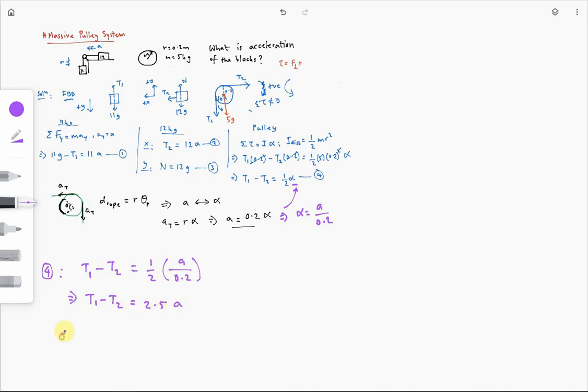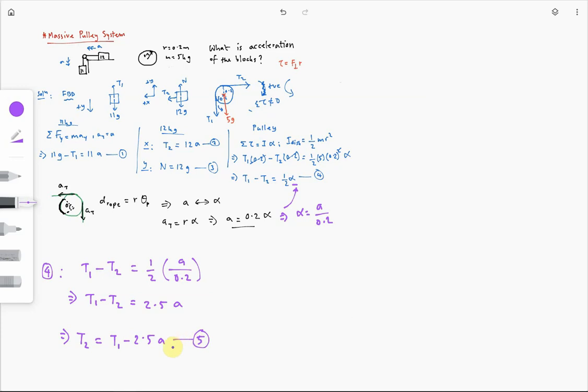From here we can make a little bit more substitution, because in addition to alpha, we also want to get rid of these tensions, because our goal is to find acceleration, not tension. So from this equation, let us choose to eliminate T2. We can do that by adding T2 to both sides of the equation, and T2 becomes T1 minus 2.5a. Alright? And this is, let's call it, equation 5.